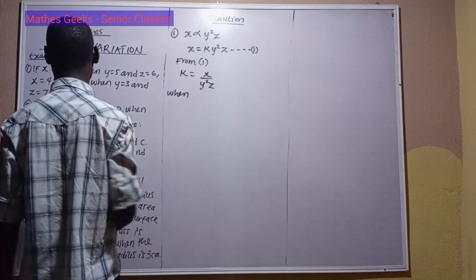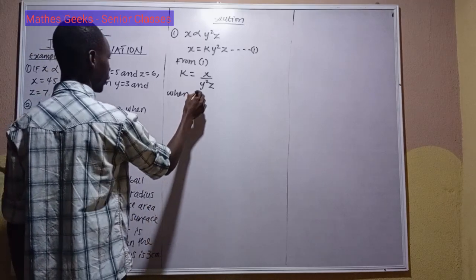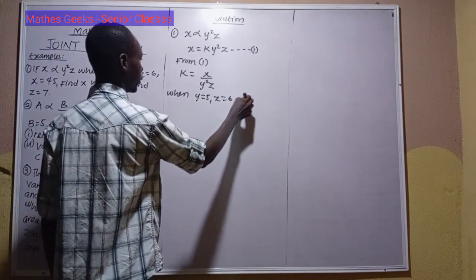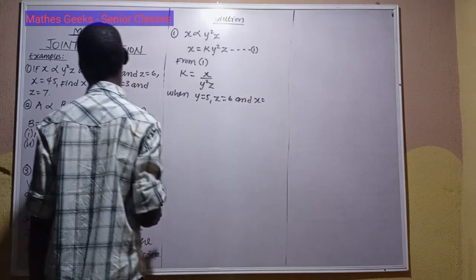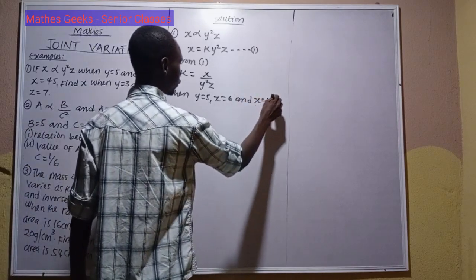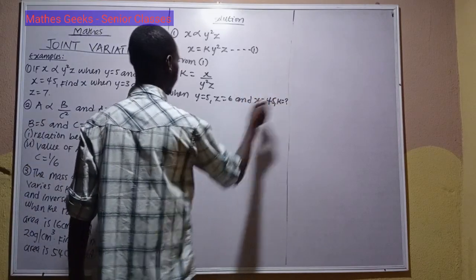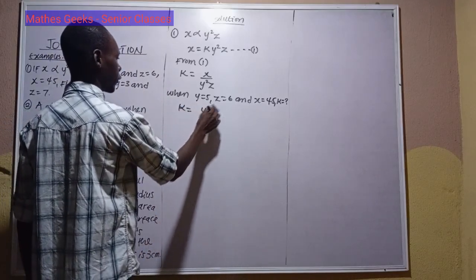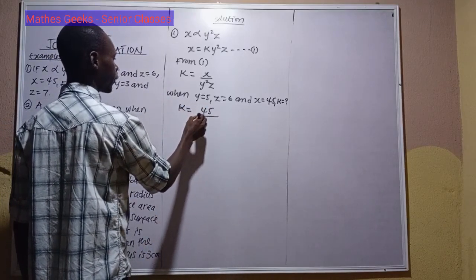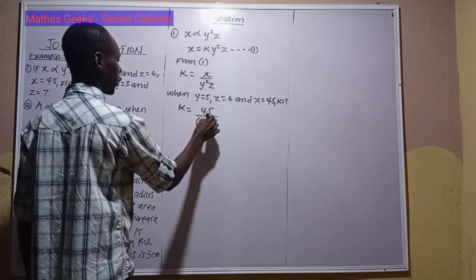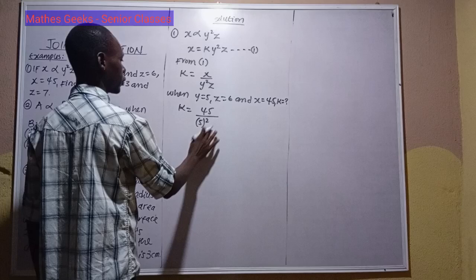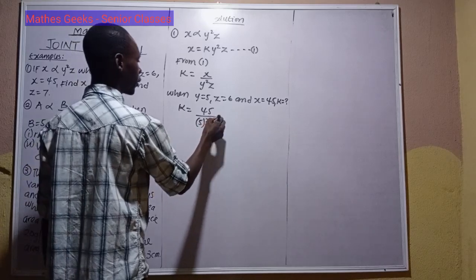When y is 5, z is 6, and x is 45, q is what? Q is equal to 45 over 5 squared times 6.